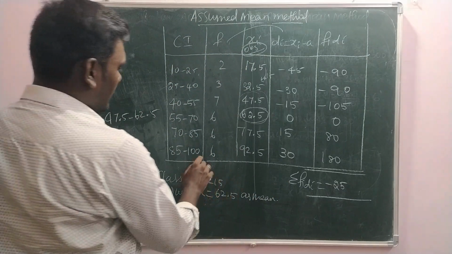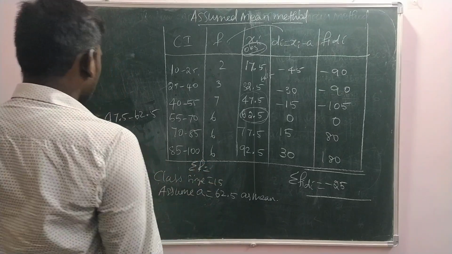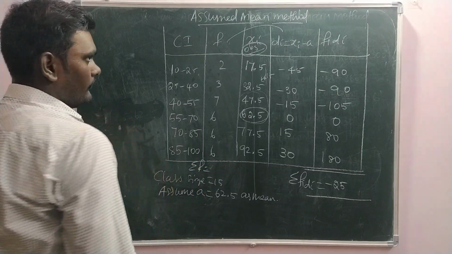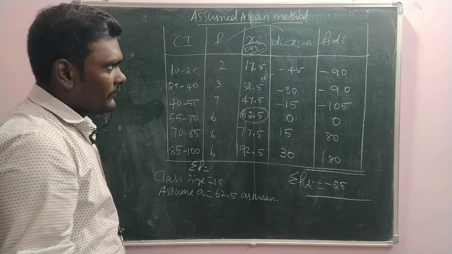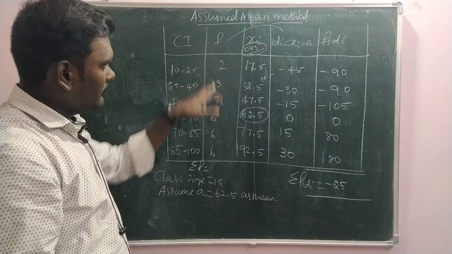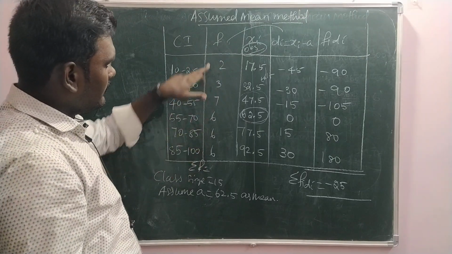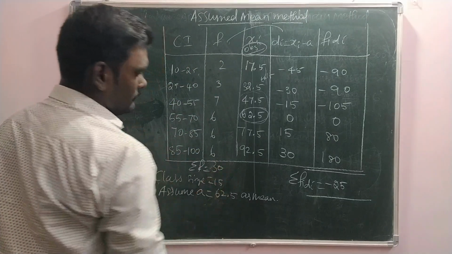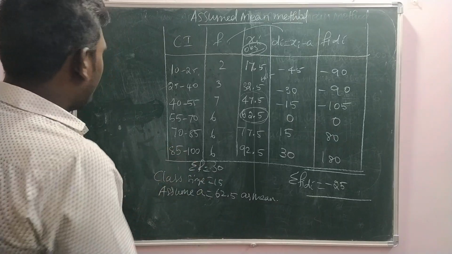How much is sigma f? Add everything. 18, 20, 30. Now apply in the mean formula.